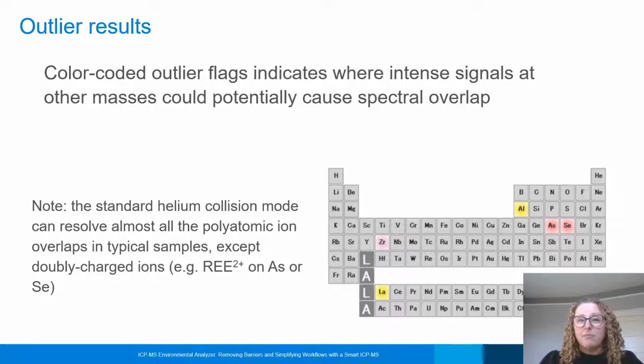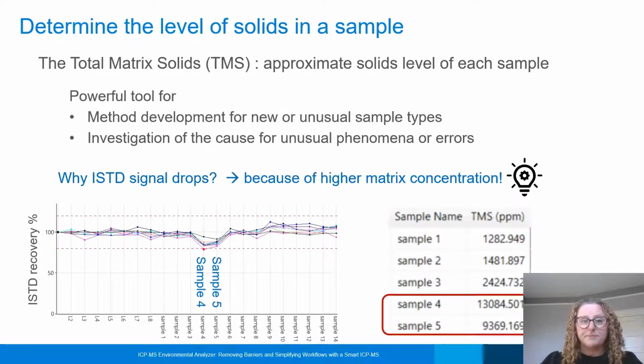The flags prompt the user to review and confirm any results that could be affected by unusual matrix components, ensuring that false positive results do not slip through unchecked. The TMS calculation does not include gas or solvent elements such as argon, nitrogen, oxygen, carbon, phosphorus, and sulfur, and the different halides, to ensure a more accurate result.